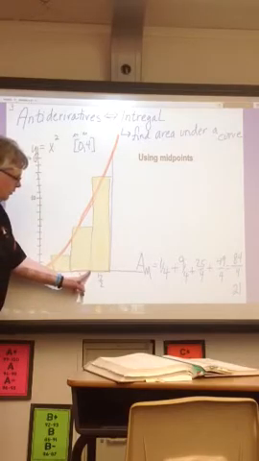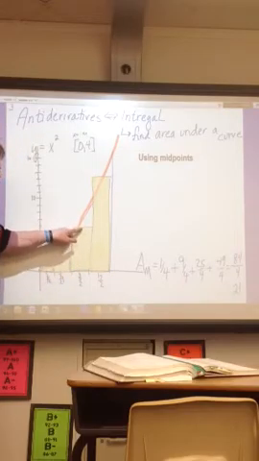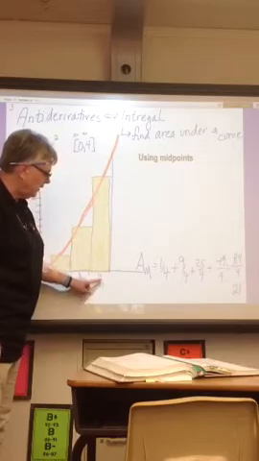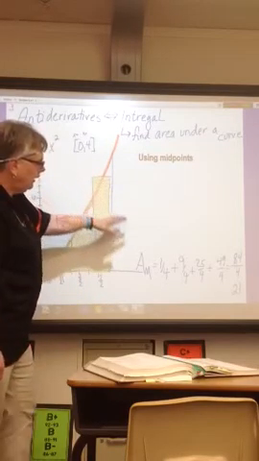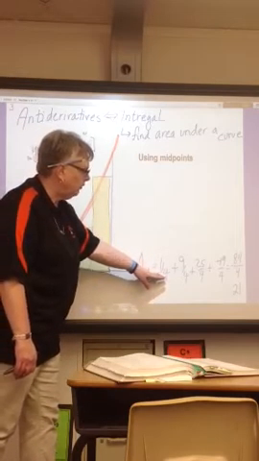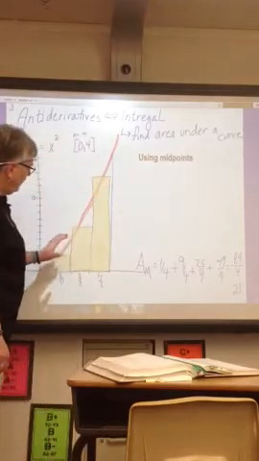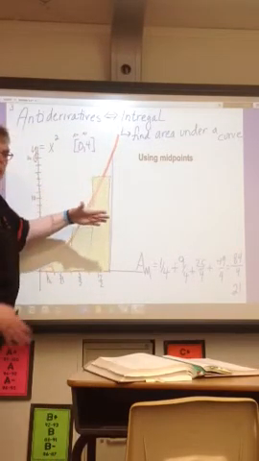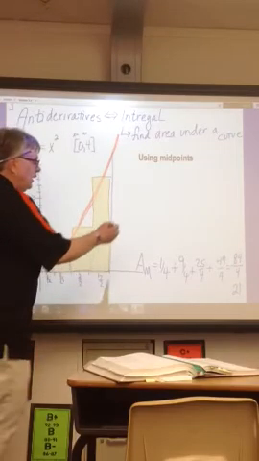The midpoint here is 2 1/2 or 5 halves, so this height would be 25 fourths. And the last one between 3 and 4 would be 3 1/2 or 7 halves, so the height here would be 49 fourths. And if you notice, I left them all in fourths, I added them all together, and I get 21. Now if you look at it, I have less leftover space than I did when I used the left side. It is still going to be an underestimate.